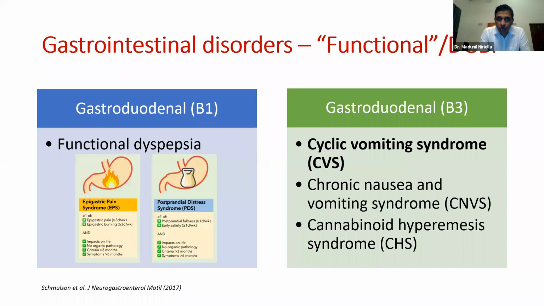There are a few gastrointestinal disorders which can be functional in the absence of organic causes. We tend to avoid the term functional now and describe these as disorders of gut-brain interaction.